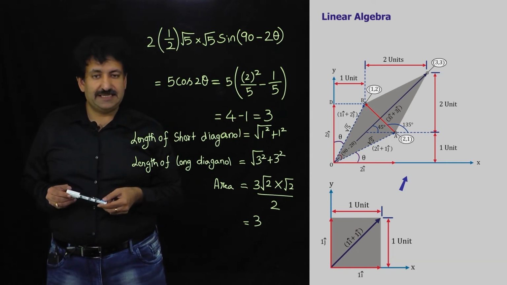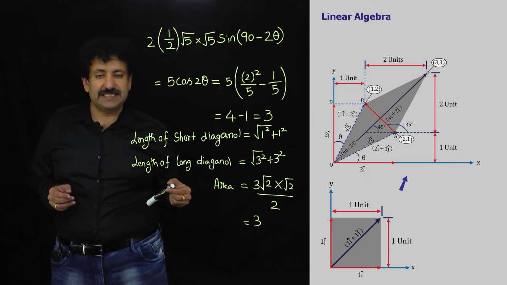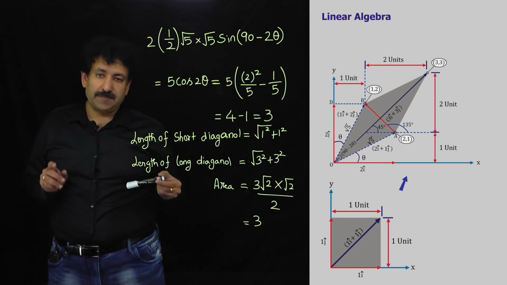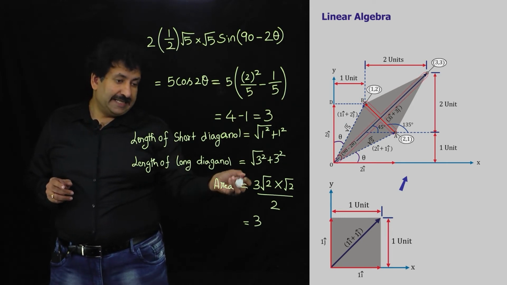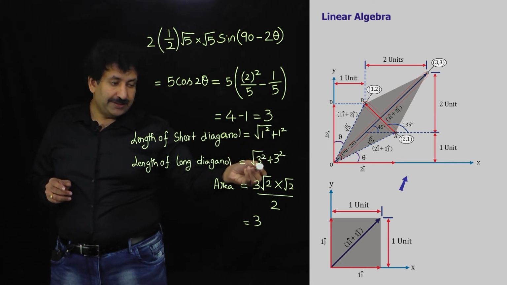Now, the second method I am going to attempt is the vector method, and then we will come to the definition and interpretation of eigenvalues and eigenvectors. But remember that the diagonals have length root 2 and root 2 into 3.